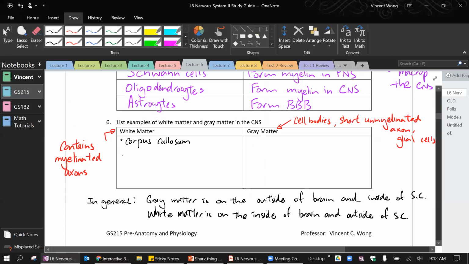We also have, in the spinal cord, the ascending and descending tracts. Okay, gray matter. For gray matter, we have the cerebral cortex.